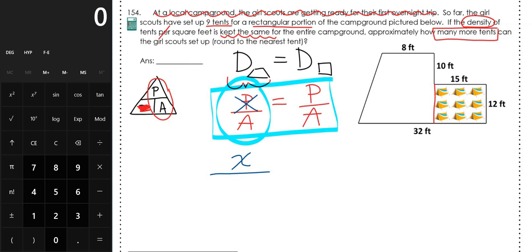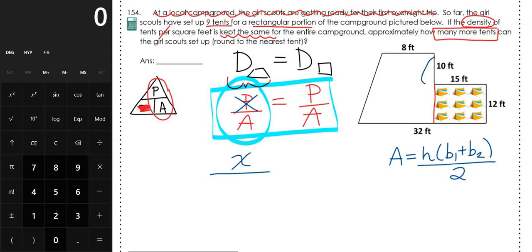Well, you know what? I'm going to have to figure out the area of that trapezoid because I can only have a variable in one place in this proportion. So let's go ahead and figure out the area of the trapezoid. Area of a trapezoid formula looks like this. Height times base 1 plus base 2 all over 2. So let's take a look at our trapezoid.